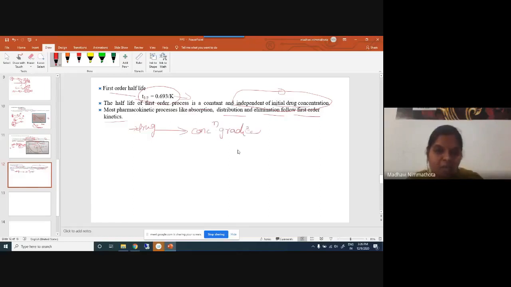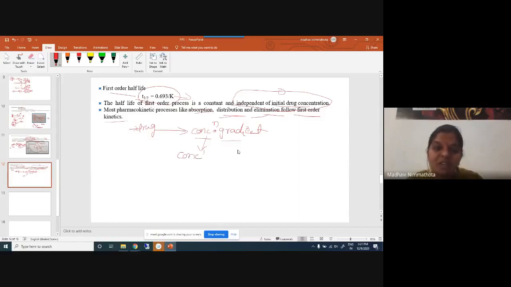Either it may undergo absorption, distribution, elimination, whatever the mechanism is, it will travel in our body according to concentration gradients. That means the drug will definitely be dependent upon concentration.